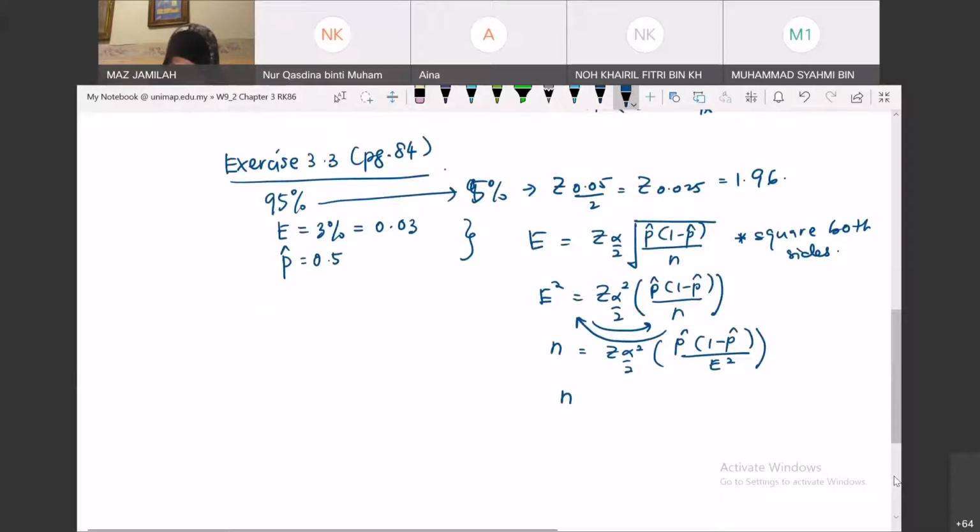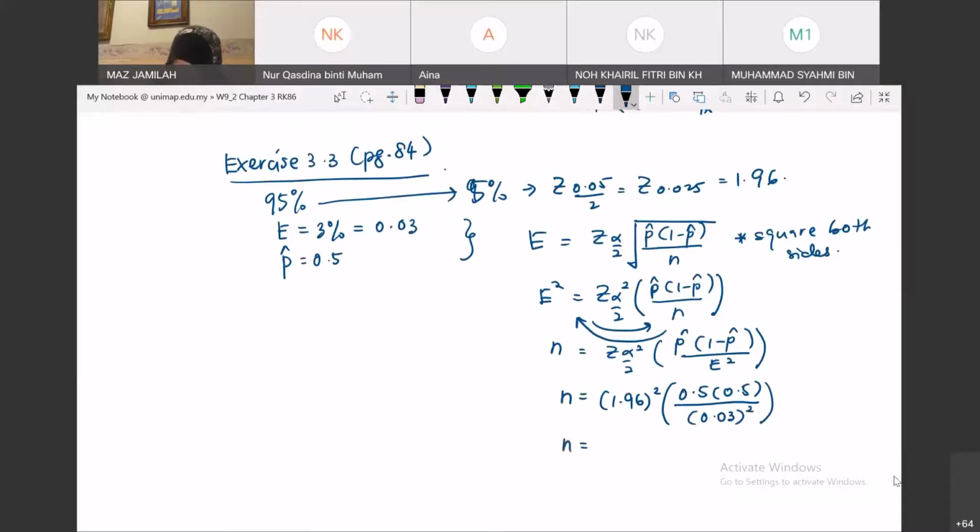To put everything together, Z alpha over 2 squared will be 1.96 squared, and you will have 0.5 multiplied with 0.5 divided by E squared, which is 0.03 squared.